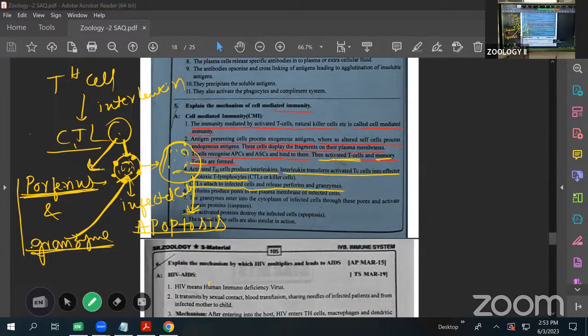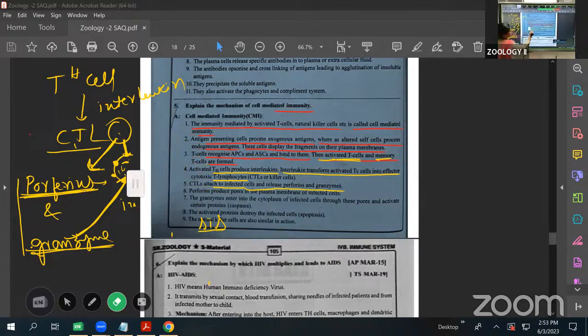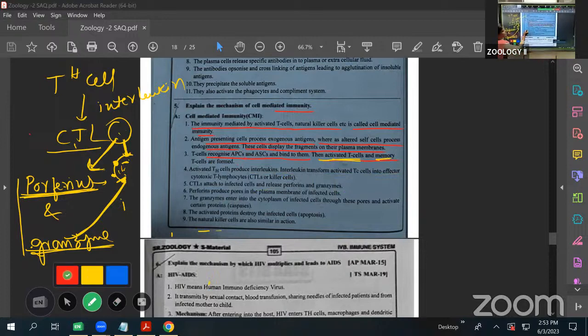Here I will explain in sentences. The activated T helper cells produce the interleukins. Interleukins transform and activate the T cells into cytotoxic T lymphocytes. CTL cells are also called killer cells.